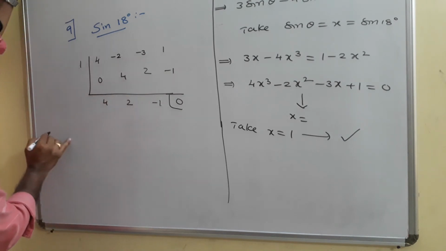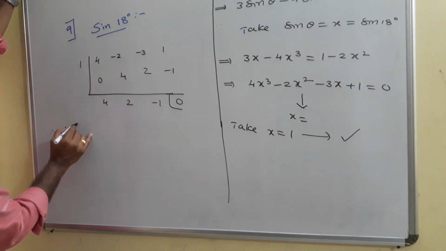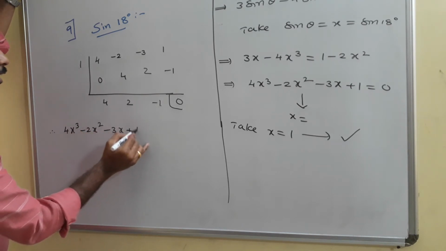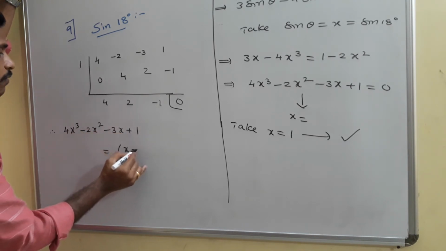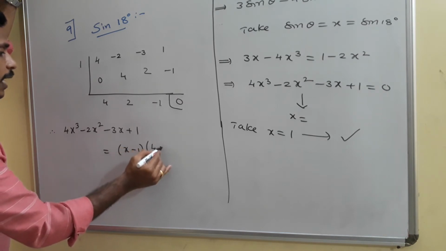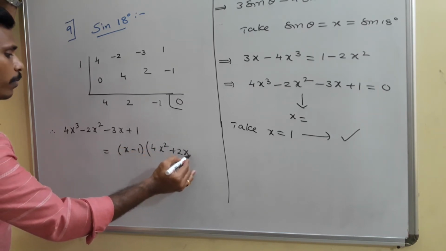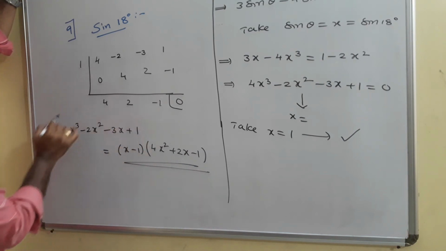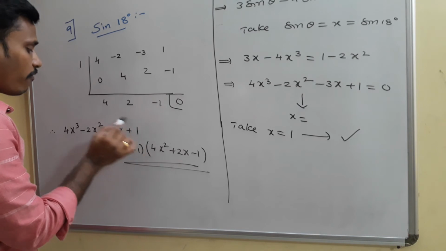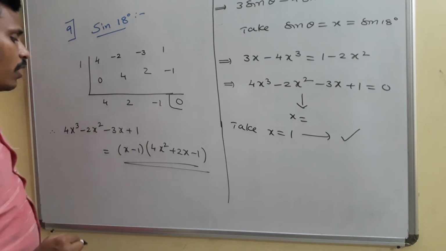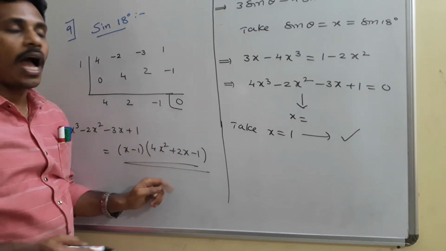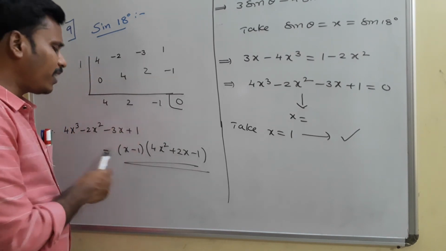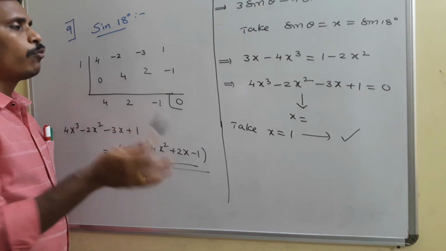Therefore, 4x cube minus 2x square minus 3x plus 1 is equal to, one factor is x minus 1 and the other quadratic factor is 4x square plus 2x minus 1. If you multiply these two, for sure you will get the same cubic equation. To factorize this given cubic equation, I used this method of synthetic division. If you don't know it, just accept it and move further, no problem.